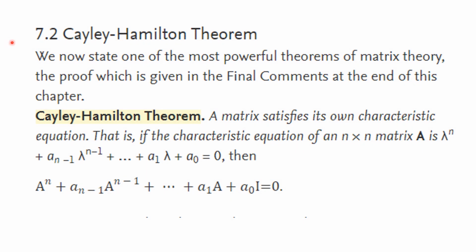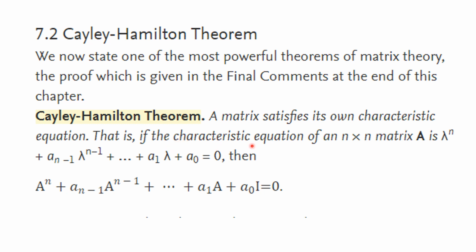So here's a statement of the Cayley Hamilton theorem, and this is one of the most powerful theorems of matrix theory, and we'll look at a proof later. The theorem states, a matrix satisfies its own characteristic equation.